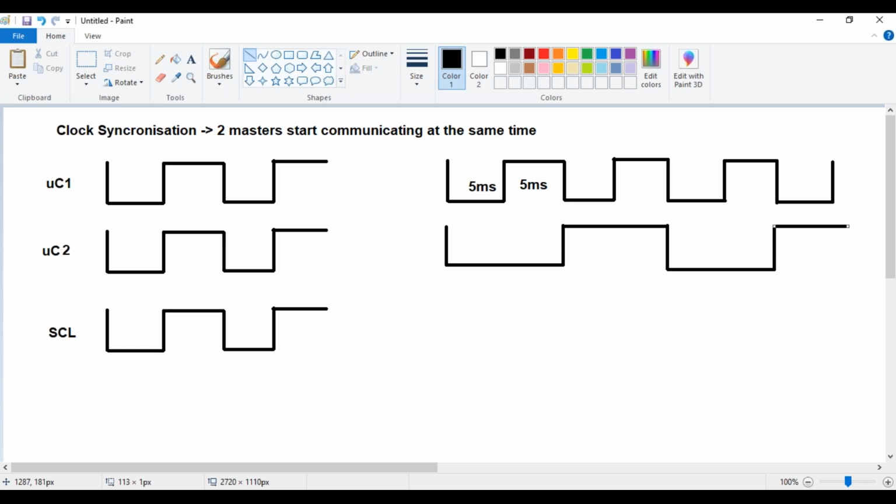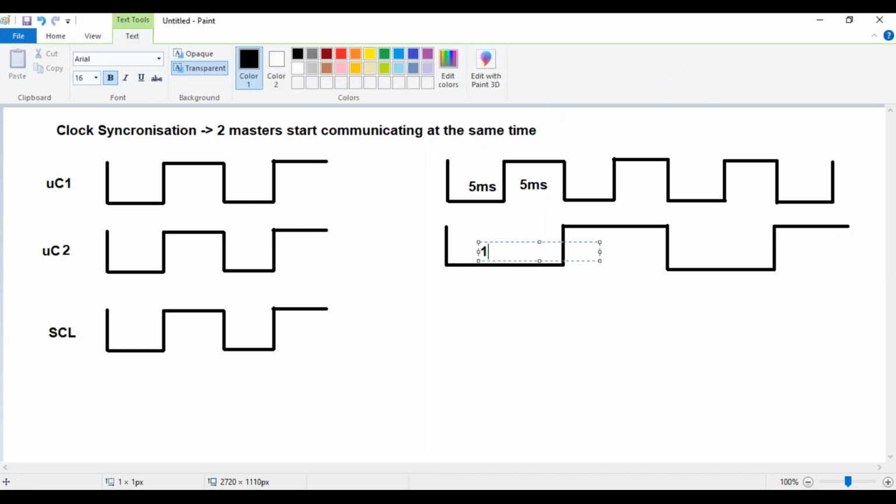So now the second microcontroller is approximately taking 10 milliseconds for the on period and 10 milliseconds for the off period. Now we have to understand what exactly gets transmitted. Microcontroller 2 is transmitting one bit more than microcontroller 1.